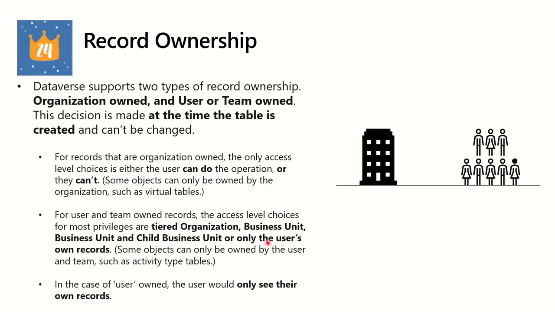We'll talk more about these groupings here in just a few seconds, okay? And then finally, in the case of user owned, the user would only see their own records, okay? So think about these two things when you're thinking about record ownership, because you need to make that decision at the time you create the table.